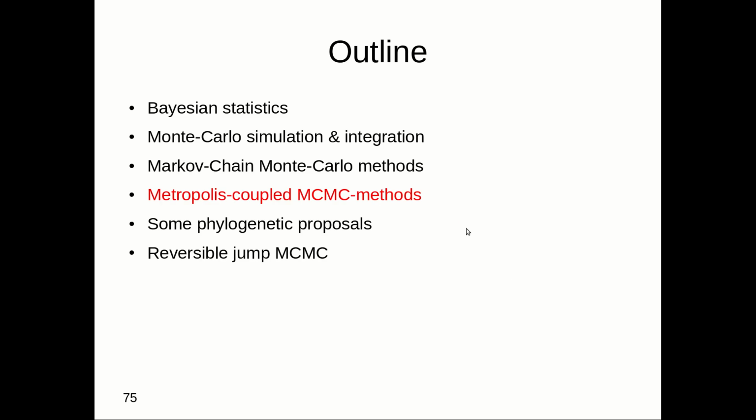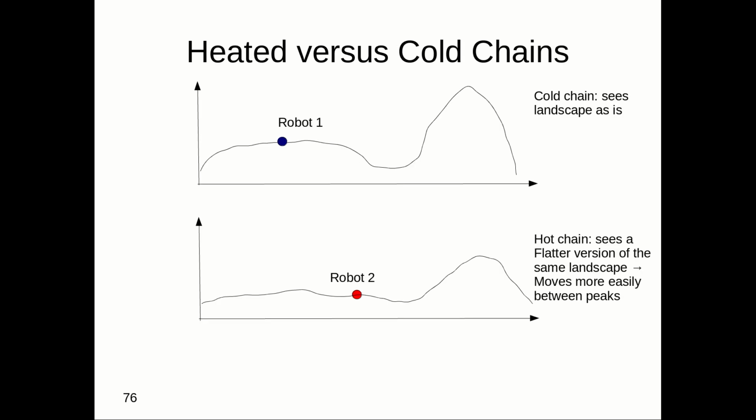But we can do that in a more intelligent way, and this takes us over to metropolis coupled Markov chain Monte Carlo methods, which I'm going to explain in the following. Here, we have robots that behave differently. Those are typically called heated versus cold robots, or heated versus cold chains.